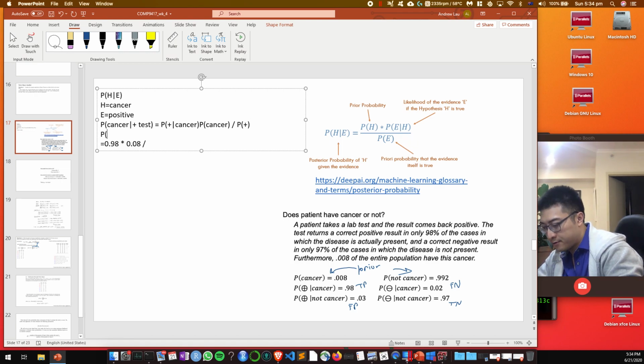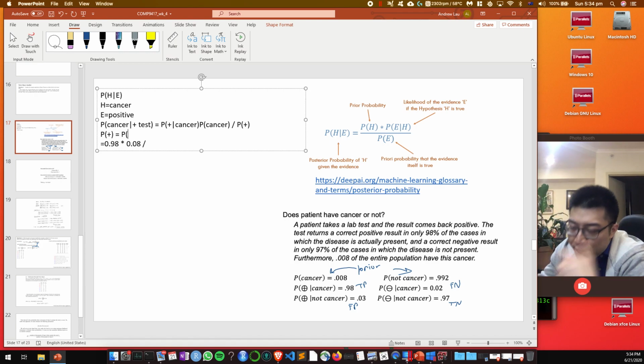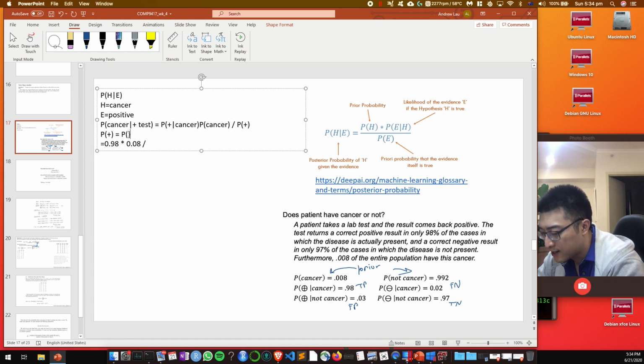So the probability of receiving a positive test, let's go first principles. How do you get a positive test? Either you have cancer and it comes back positive, or you don't have cancer and it also comes back as positive.